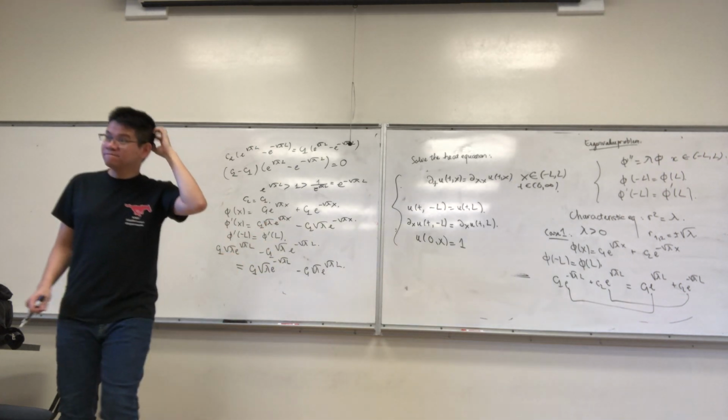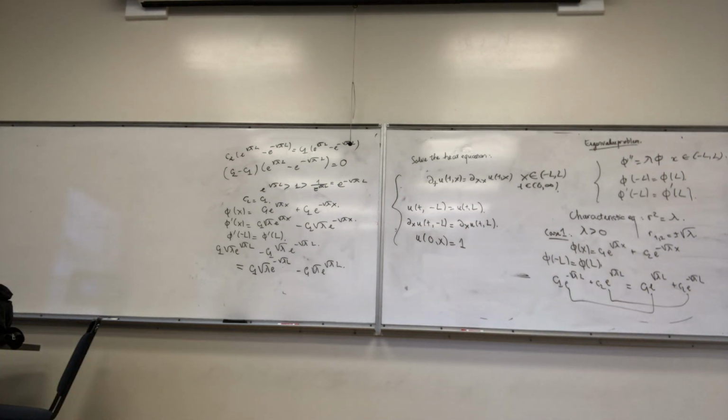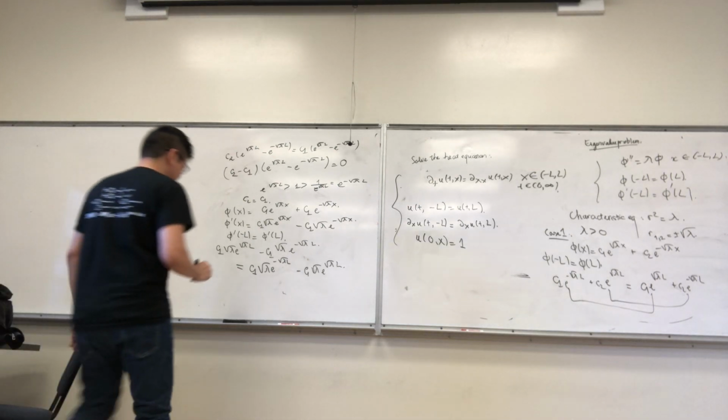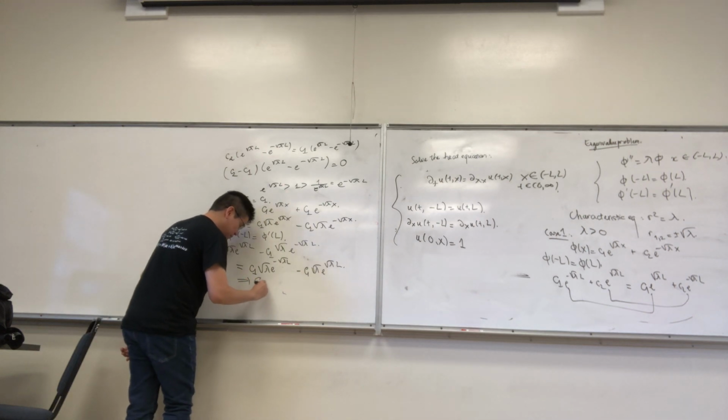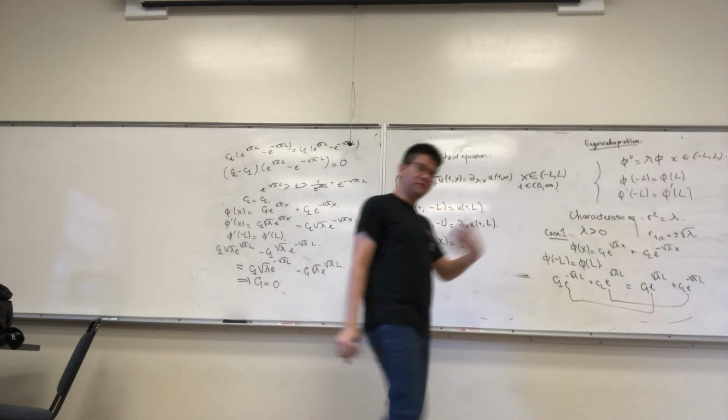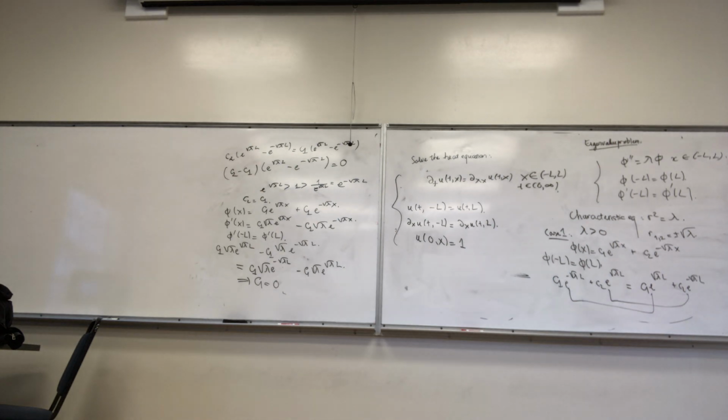What happened? C1 equals 0. So in this case, C1 is 0, right? So because C1 is 0, there's no eigenvalue, right?